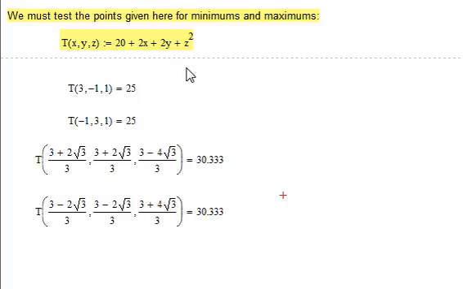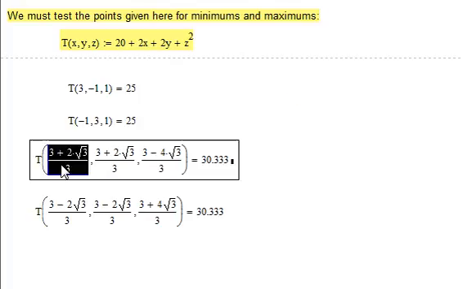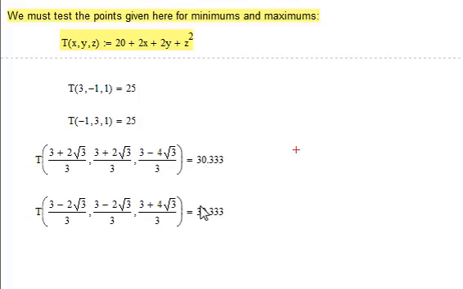Now what we've learned from this is, on the sphere's intersection with the plane, the sphere x squared plus y squared plus z squared equals 11, and the plane x plus y plus z equals 3, this temperature is greatest at the point where x is (3 plus 2√3) over 3, y is (3 plus 2√3) over 3, and z is 3 minus (4√3) over 3, and that maximum temperature is 30 1/3.